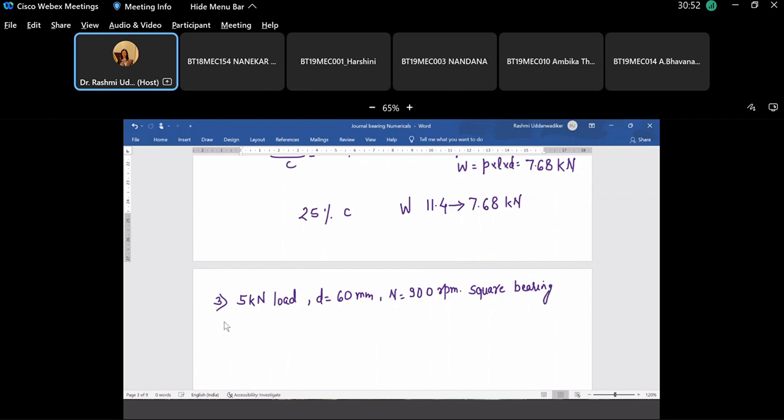What is the meaning of square bearing? L is equal to D, or L by D is 1. C by R ratio is given as 0.001. L by D is 1.